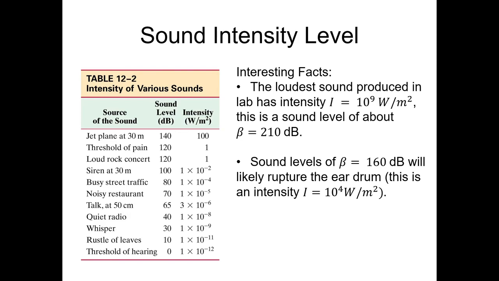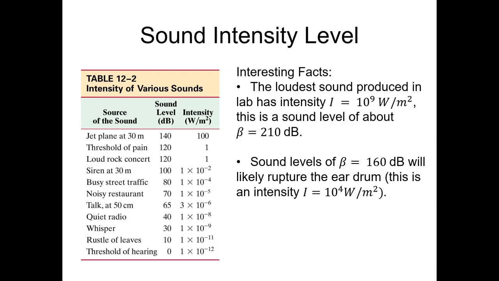The threshold of pain is 120 decibels, or an intensity of 1 watt per square meter, that's painful to the ear. If you have a siren at 30 meters, the intensity level is 100. It's very loud, which corresponds to only 10 to the minus 2 watts per square meter for the intensity. So the sound level is beta, and then the intensity is 10 to the minus 2.